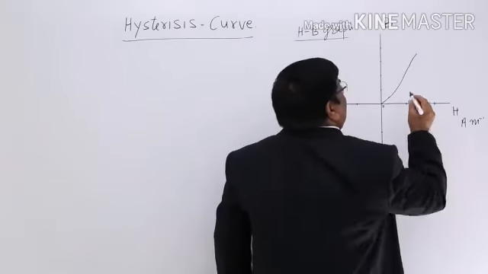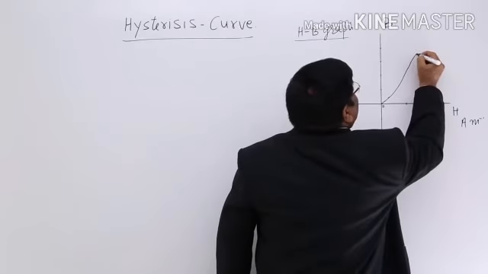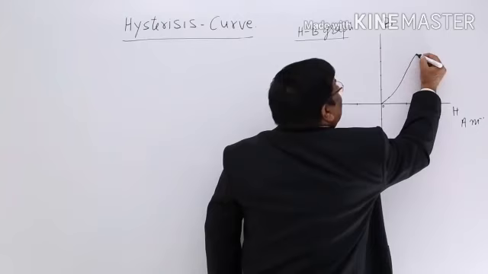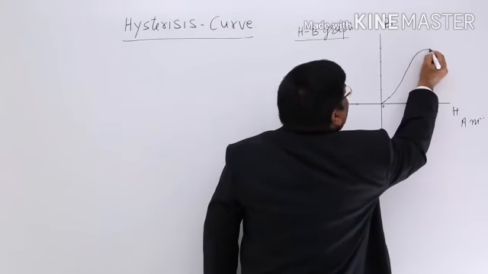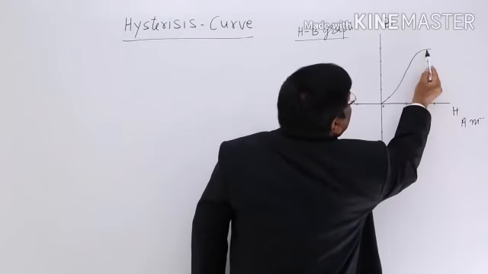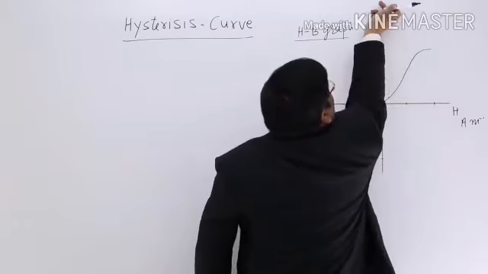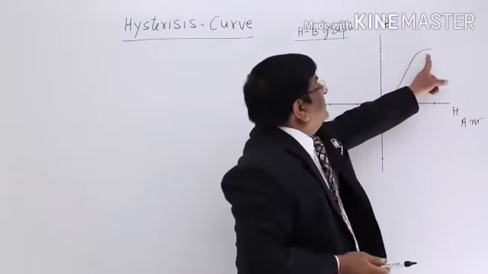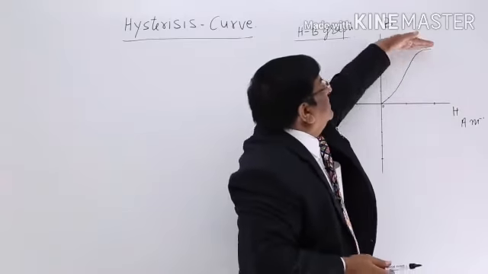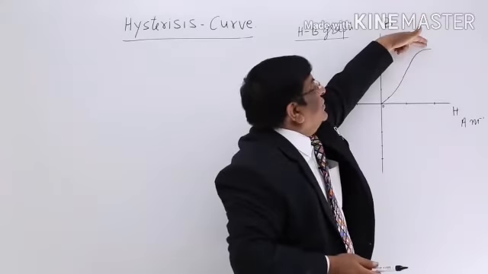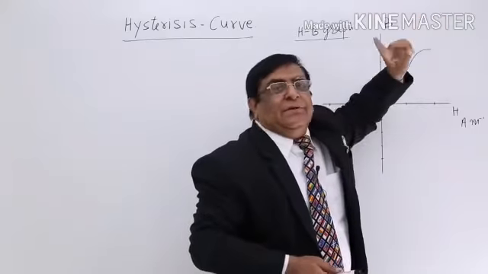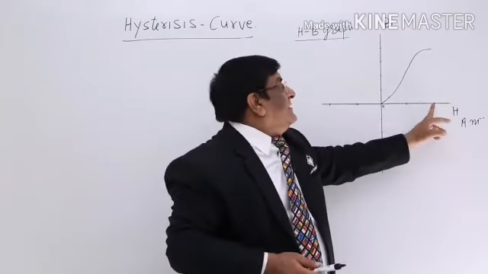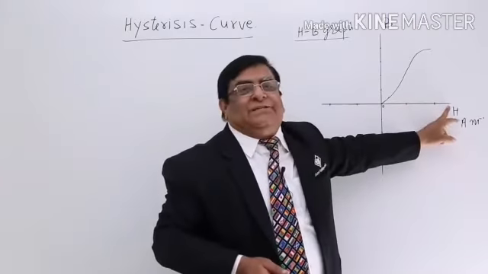But after some time, if we increase H, B becomes less responsive, and after that, if we keep increasing H, B does not increase. H is increasing in this direction, but B is not. That is the saturation point.